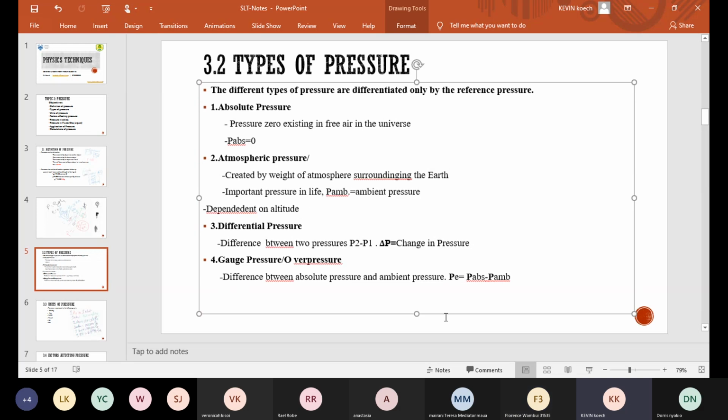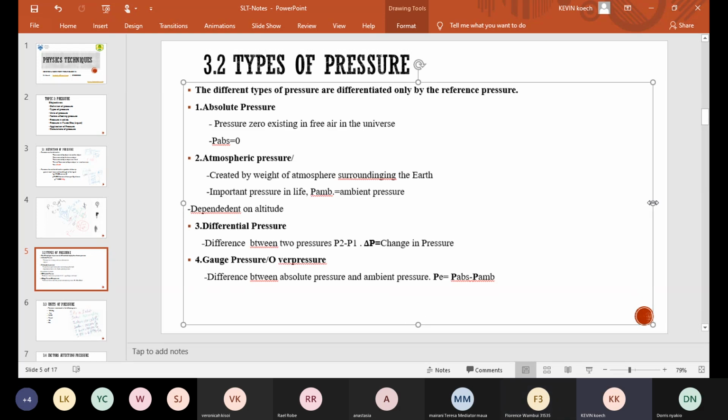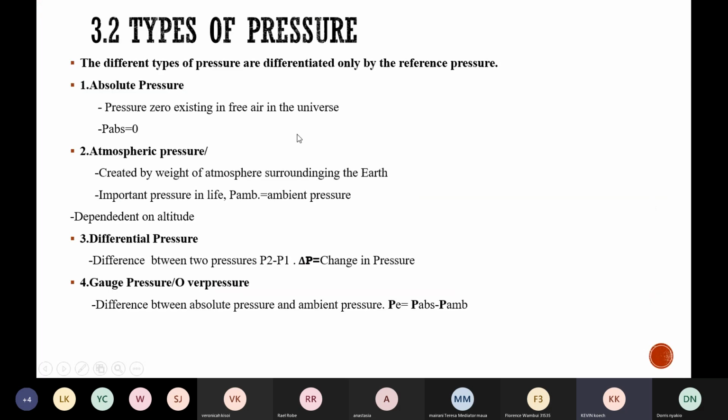Okay, let me enlarge. Is it visible now? No. Okay. Let me share from the current slide. Is that better? Yeah, it's visible. Okay, thank you. Welcome.